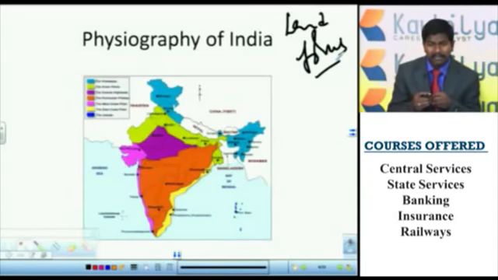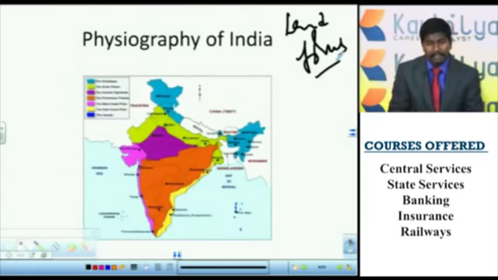These are all the different types of landforms we have seen in the geomorphology chapter. Similarly, in the Indian landmass we have different types of mountains, plateaus, plains, ghats and hills. All are part of the physiography of this land.